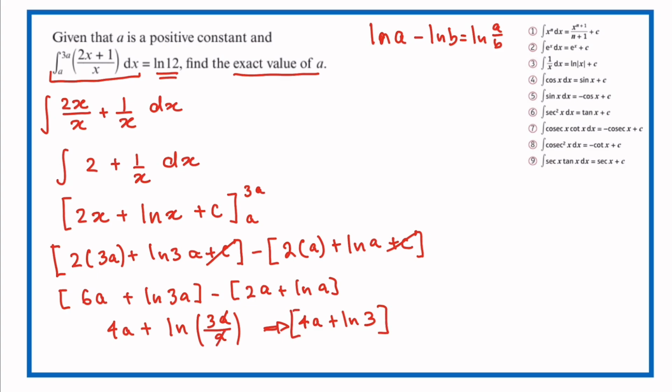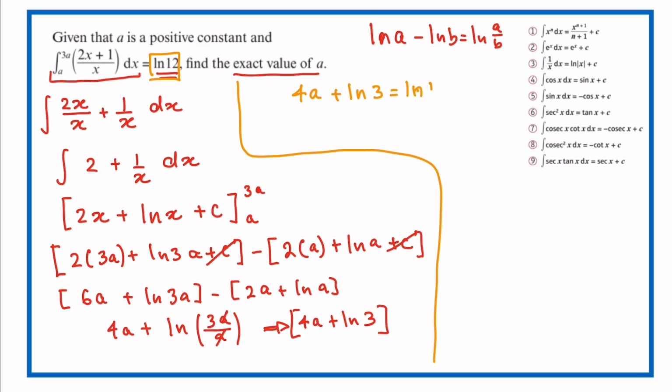Now what we can do is take this and equate it to ln 12, which is the answer they said they get. So 4a plus ln 3 is equal to ln 12. From here I can take the ln 3 to the other side. So that becomes 4a is equal to ln 12 minus ln 3.